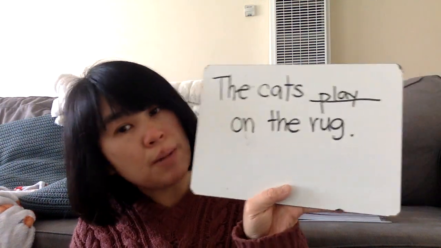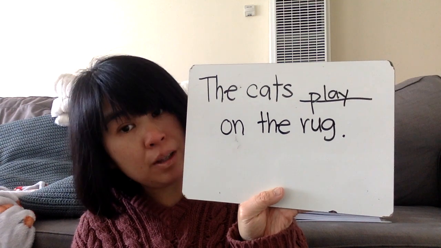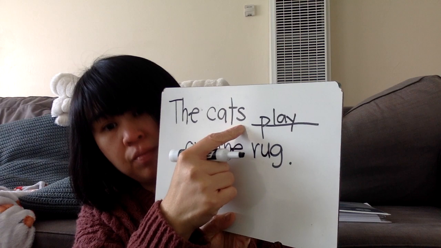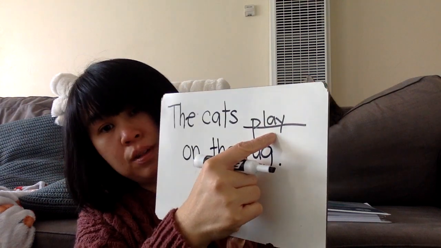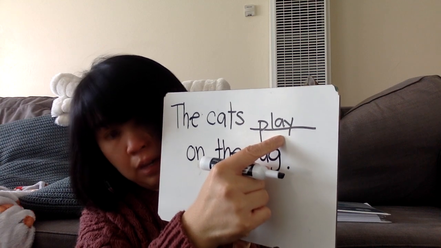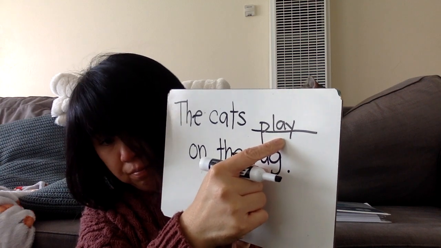How many cats am I talking about? More than one. And you know it's more than one because there's an S. If it says play, it doesn't need an S because how many cats am I talking about? More than one.